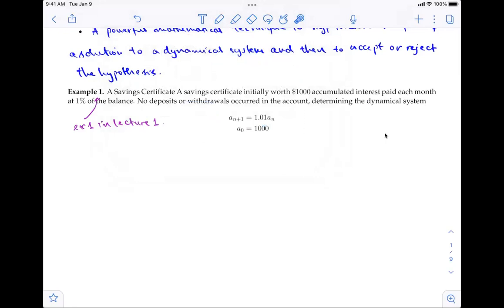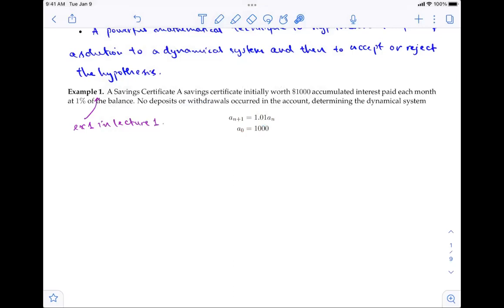Again, this is not realistic in real life, because no bank will give you 1% each month. No deposits or withdrawals occur in the account, and we can determine the dynamical system: a sub n plus 1 equals 1.01 a sub n, and the initial amount of the savings certificate is $1,000.